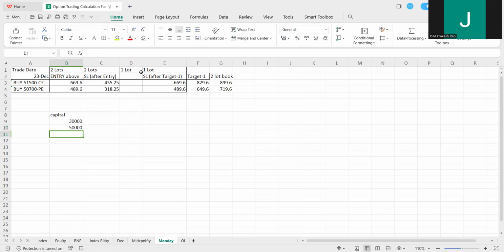Your capital previously was 30,000. So 50 plus 30 is around 80,000 rupees. Don't trade with the 80,000. Trade only with 30,000, always. After 2 or 3 months, start increasing slowly from 30,000. Start trading with 40,000 or 50,000 rupees. Because you have made some profit, you can take that risk. So this is how I recommend, and this is the system.